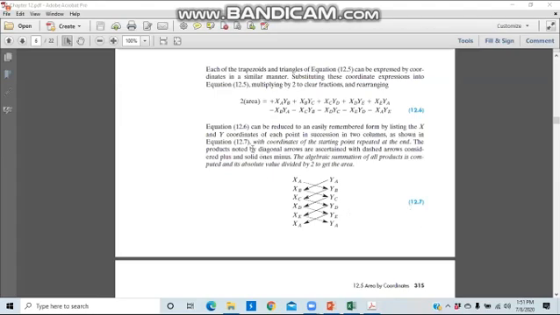This is 12.7. With coordinates of starting point repeated at the end, the products noted by diagonal arrows are ascertained with the dashed arrows considered plus and solid ones minus. The algebraic summation of all the products is computed and its absolute value divided by 2 gets the area, right?